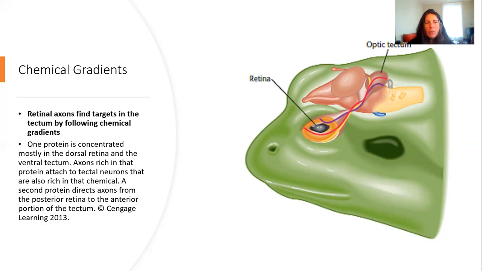That's how they found their way back to their appropriate or original targets. And again, the result is that this animal is now encountering the world upside down.